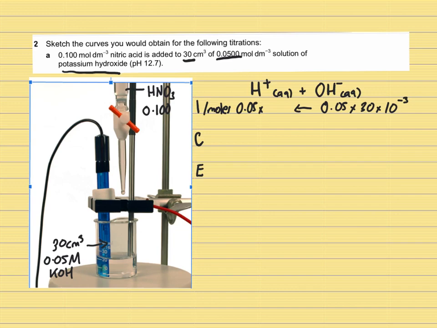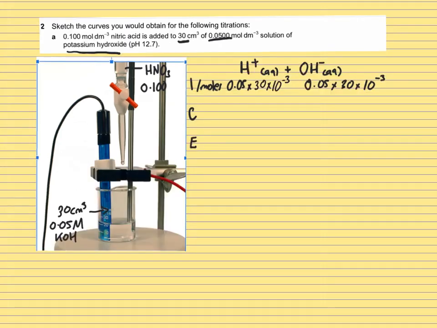So the first thing is to find the volume of the nitric acid that's needed to react with our potassium hydroxide. We've been told that the concentration of the acid in moles per dm cubed is 0.1, and therefore we can find the titration volume of the acid, because the volume is equal to the number of moles divided by the concentration.